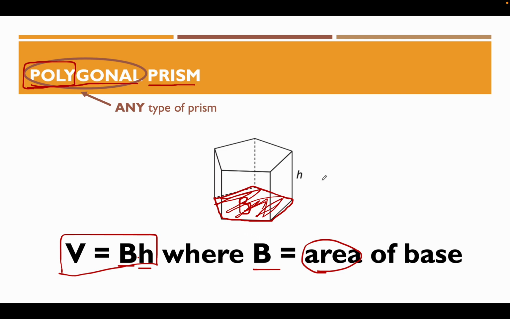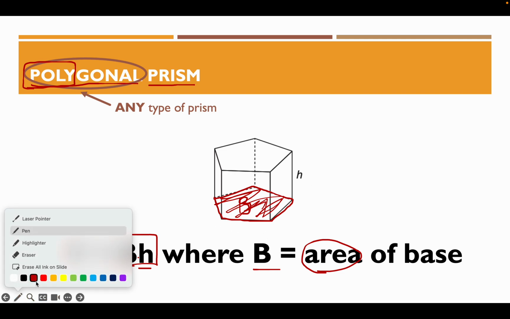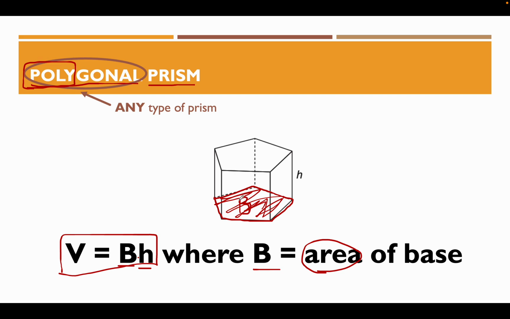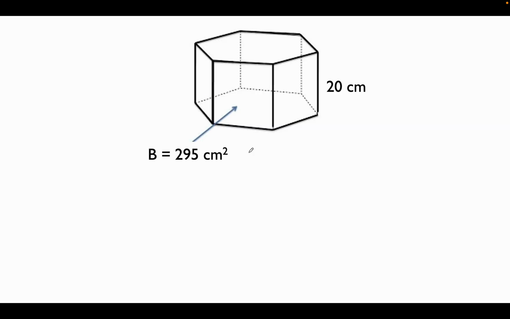Now we don't know how to find the area of a pentagon, so for these types of problems, you're going to be given that measurement on the bottom, that capital B, and then you'll simply need to multiply that times the height, which is the space between this pentagon on the bottom and the pentagon on the top. If you remember from our triangular prism, they were calling that W because the triangular prism was tipped over on its side. So we have V equals BH, where B is the area of the base.